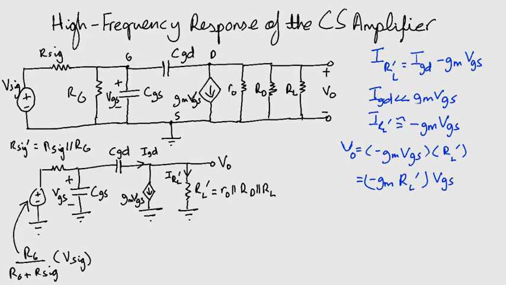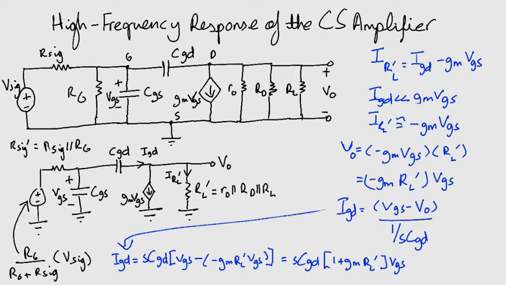We can write an equation for IGD, however, as VGS minus V0 divided by 1 over S CGD. This is the reactance of the capacitance. Rearranging, we get IGD equals S CGD (1 plus GM RL dash) VGS.